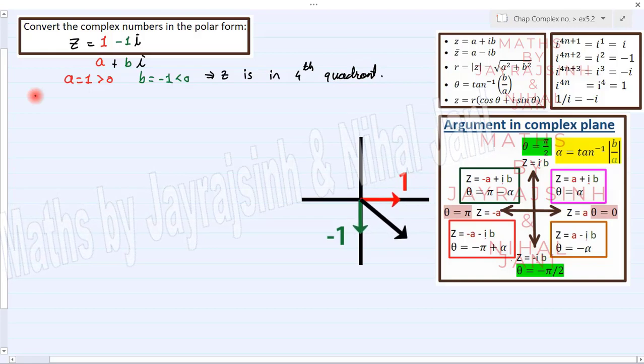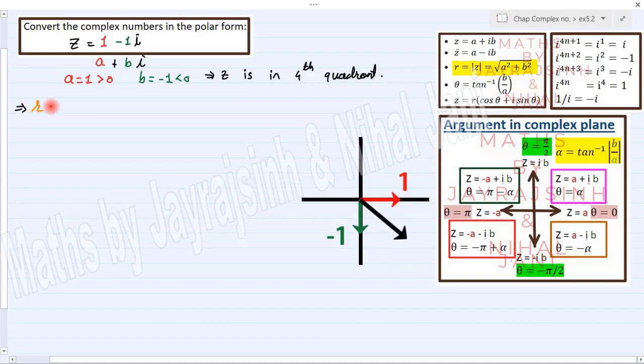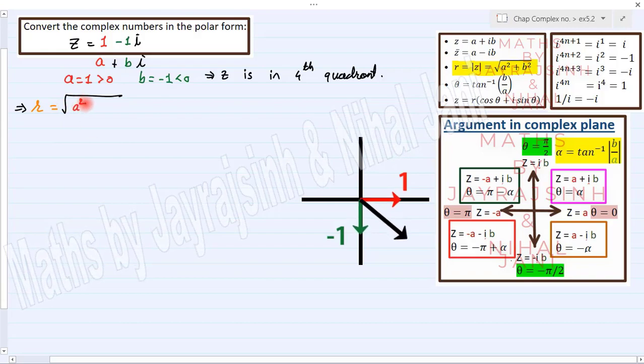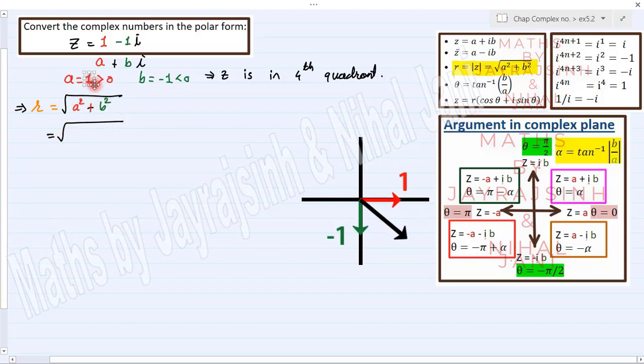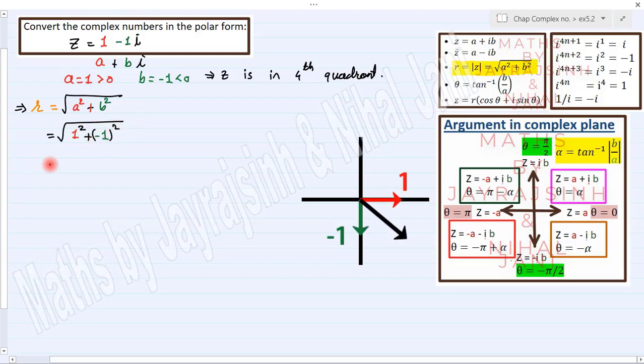Now to get the polar form, we need two things. The first one is the modulus of the complex number, which is the square root of a square plus b square, where a is the real part plus the imaginary part squared.